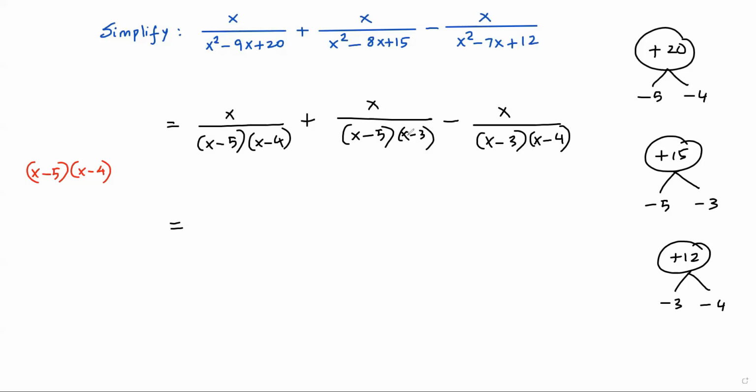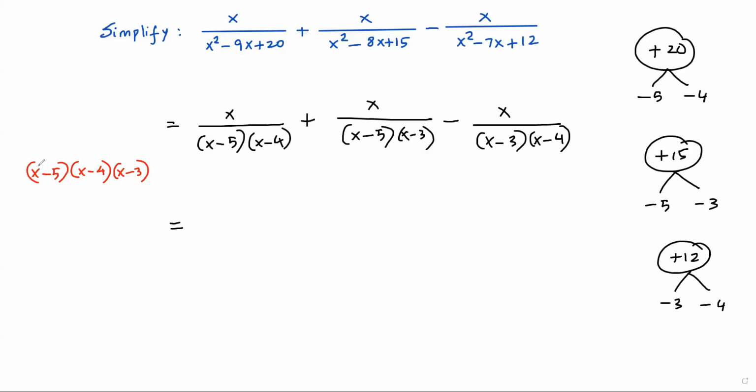The second denominator has (x − 5) and (x − 3), but (x − 5) is already taken, so we can ignore it and take (x − 3). The third denominator has (x − 3) and (x − 4), both already taken. So the common denominator is (x − 5)(x − 4)(x − 3).